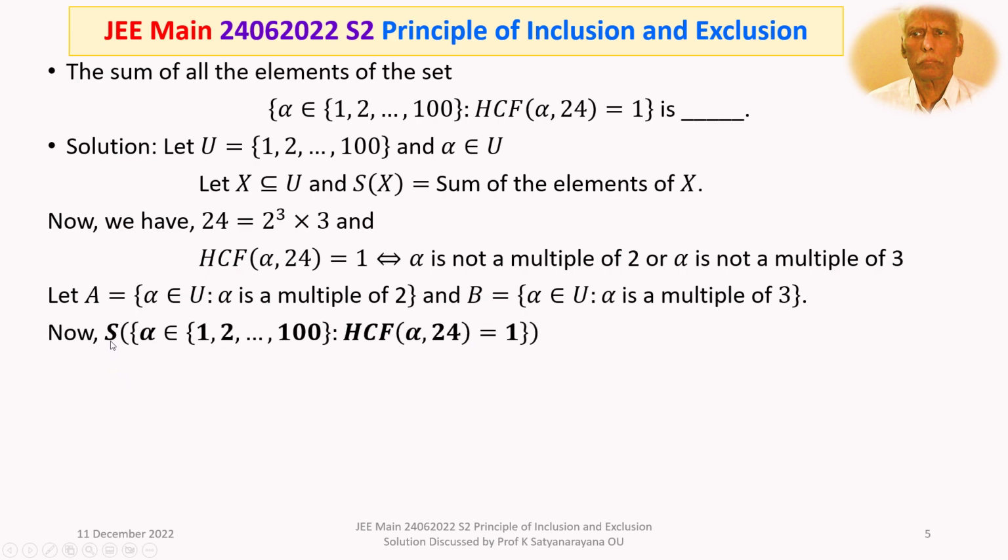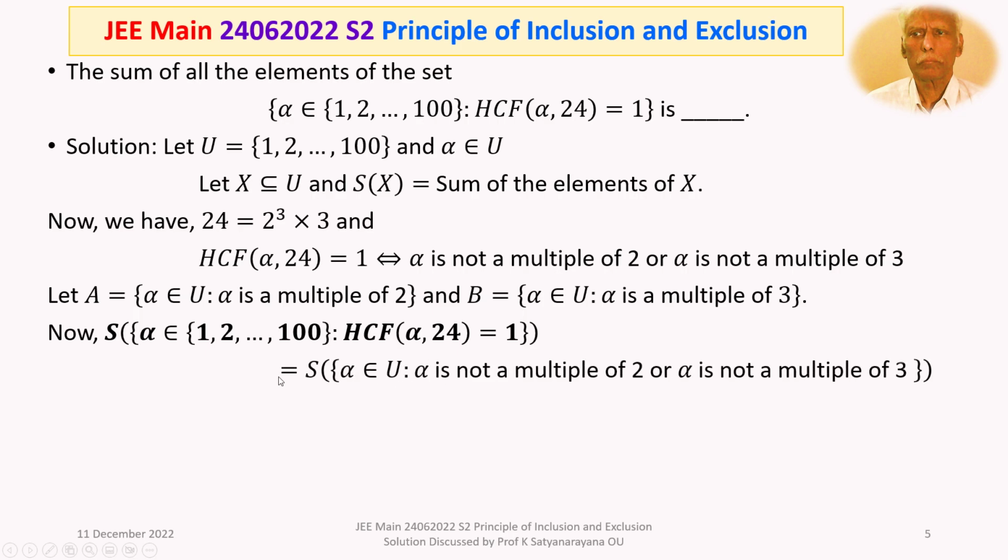Now, the sum of the elements in the given set, that is the set of alpha belonging to 1 to 100 such that HCF of alpha comma 24 is 1, is equal to the sum of the elements in the set of alpha belonging to U where alpha is not a multiple of 2 and not a multiple of 3.